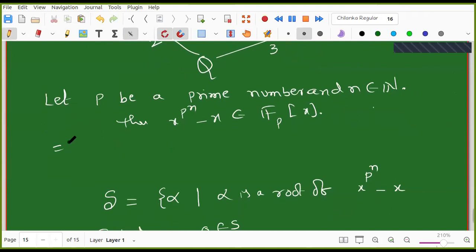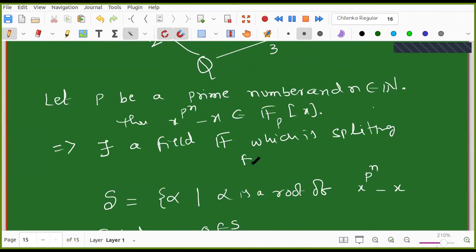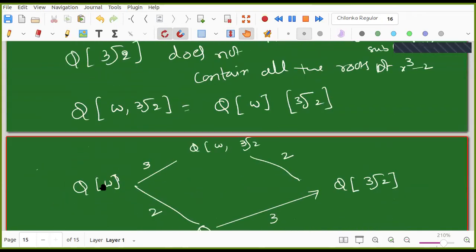This implies there exists a field, which is a splitting field for x^(p^n) - x. So this existence I already assumed. This is the only thing I'm assuming.